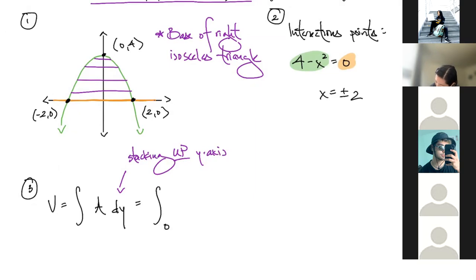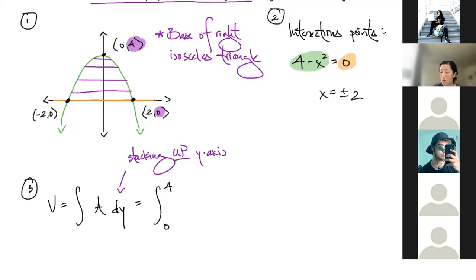So from 0 to 4, my bounds are now the y values here, okay? Since we're doing dy, the bounds should also be y values, just like when we do u substitution, typically the bounds are also u values, okay?